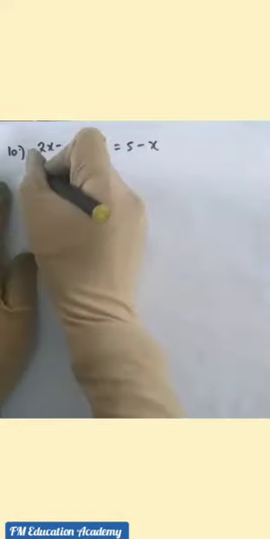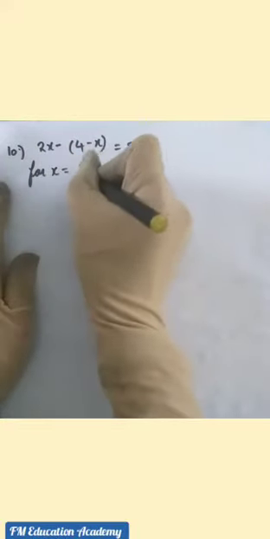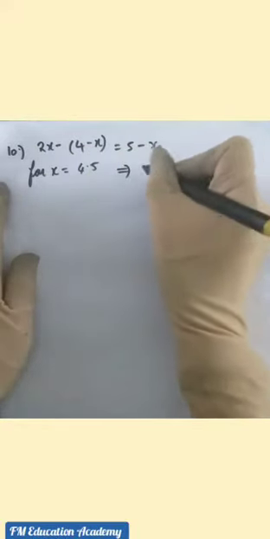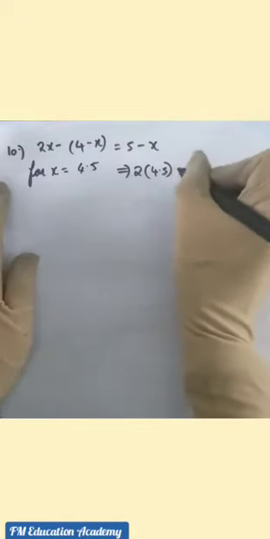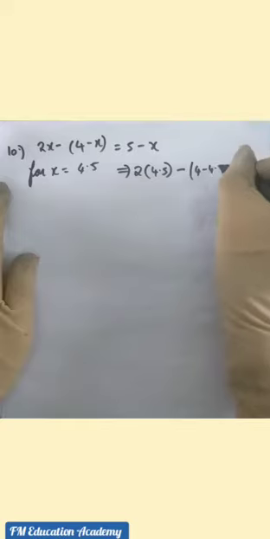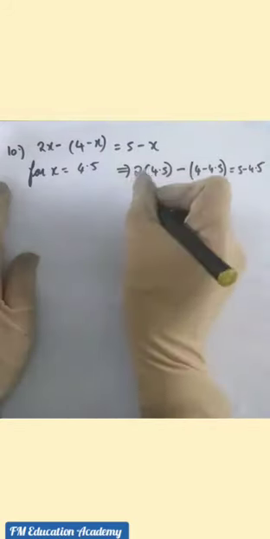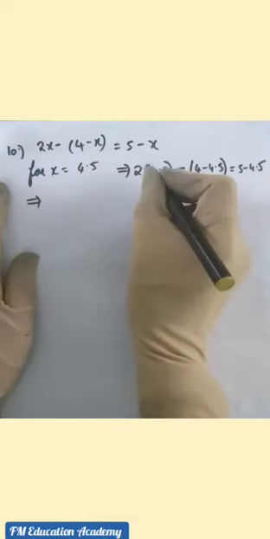My first option is 4.5. So I'll see for x is equals to 4.5. What do I get? In place of x, substitute 4.5. 2 into 4.5 minus 4 minus 4.5 is equals to 5 minus 4.5. So that implies 2 into 4.5.